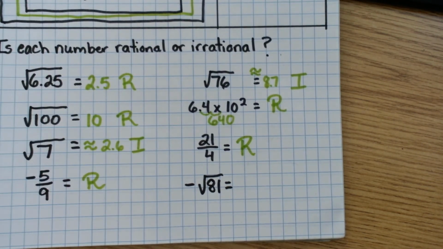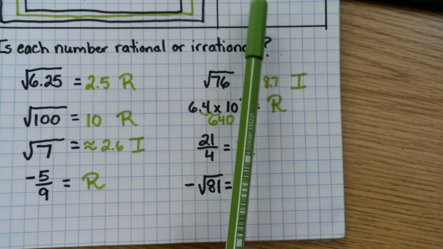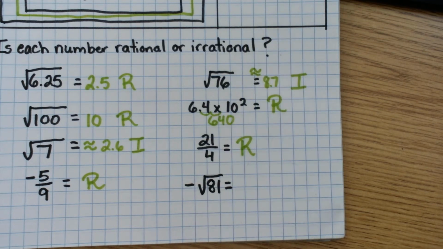Okay, last one, we have negative square root of 81. Not super sure because we had some square roots listed on the irrational side up here when we were talking about the different categories. So I'm going to look at 81, and I know that I can simplify that because 9 times 9 is 81.